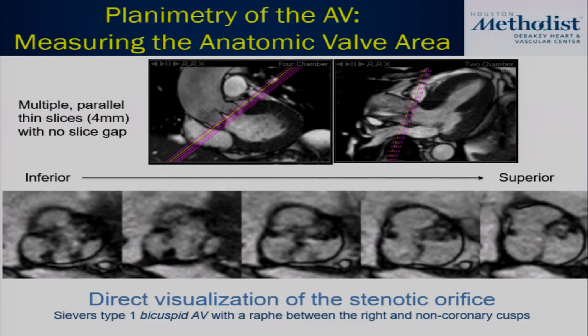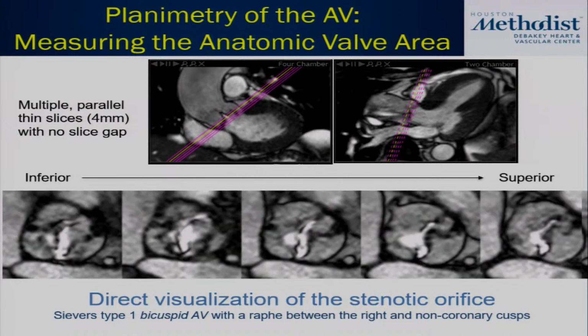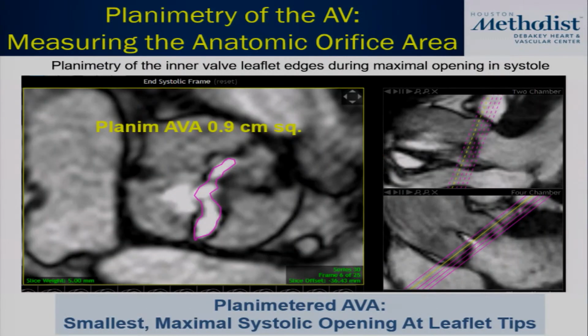The way we figure out how severe the valve is, is we will actually planimeter or trace the area on each of those slice locations. And the actual planimetered valve area is the smallest maximal systolic opening that you find at the leaflet tips. So just following a few simple rules, you can see that I can very quickly derive a valve area that is completely independent of flow.